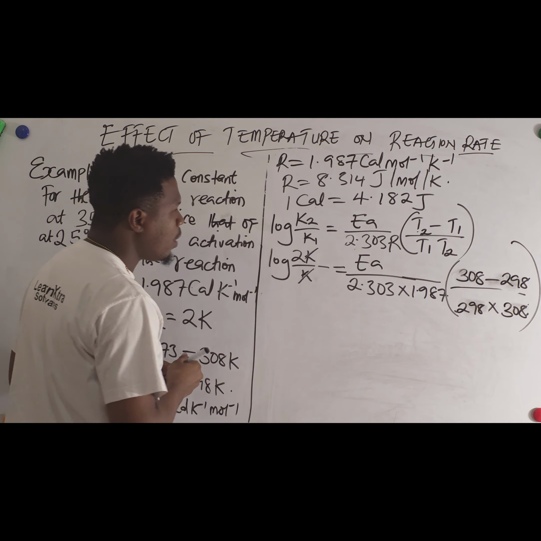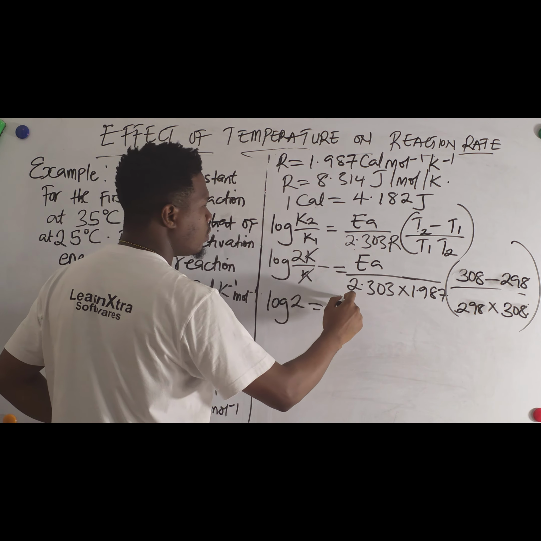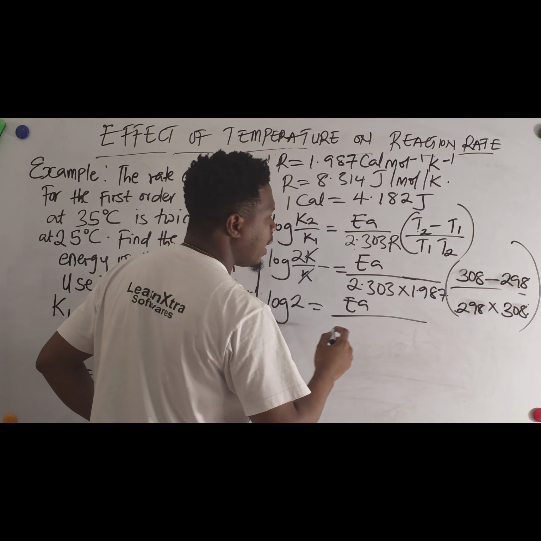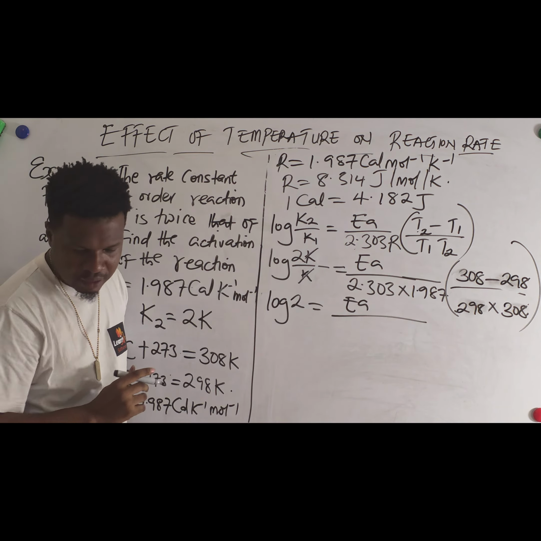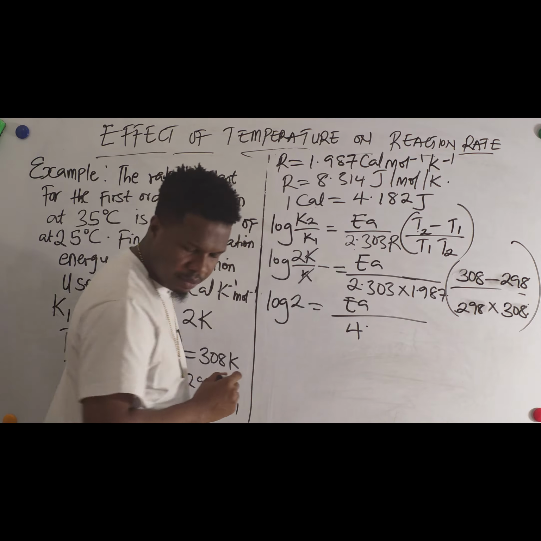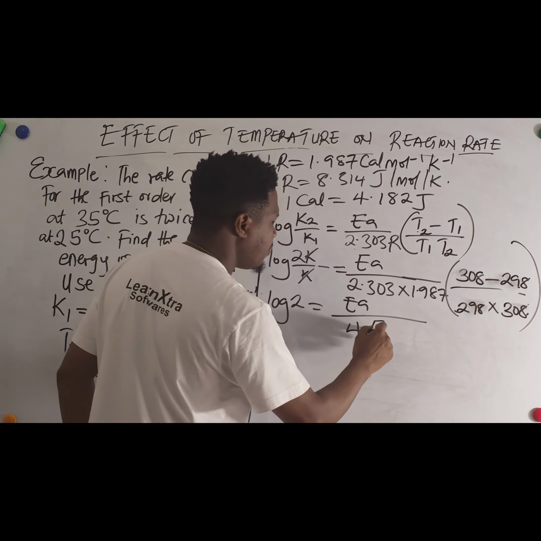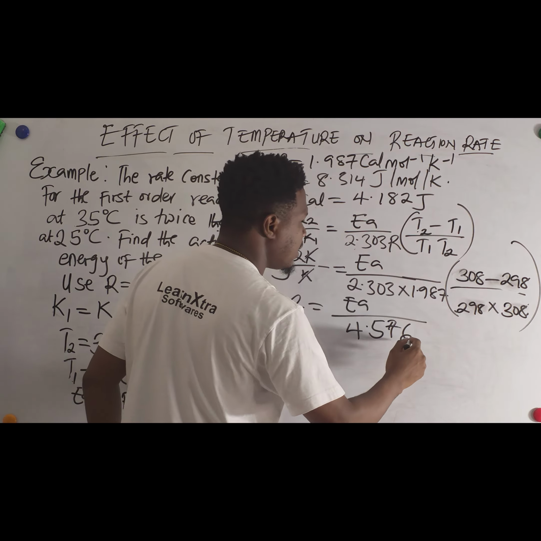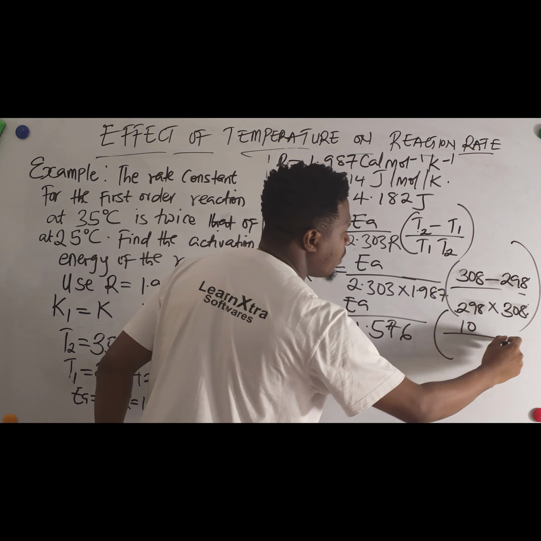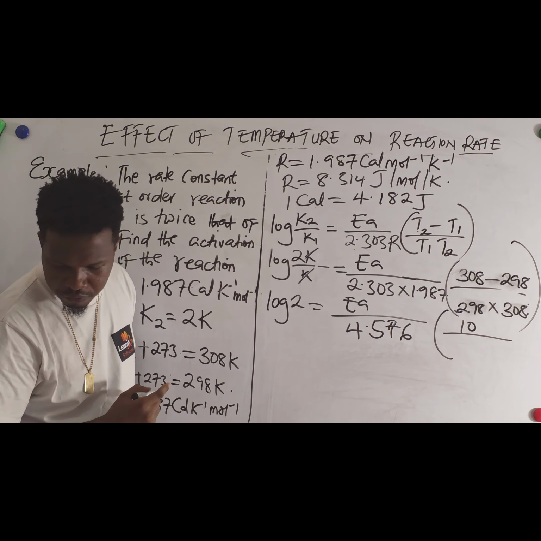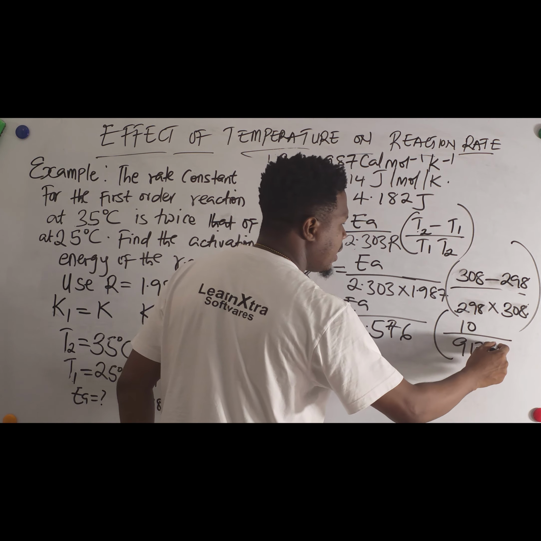So from here now, this cancels this, we have log 2 is equal to EA all over, multiply this and this. What are we going to have? When we multiply that, we have 4.576 into this minus this should give you 10 over this times this will give you 91784.